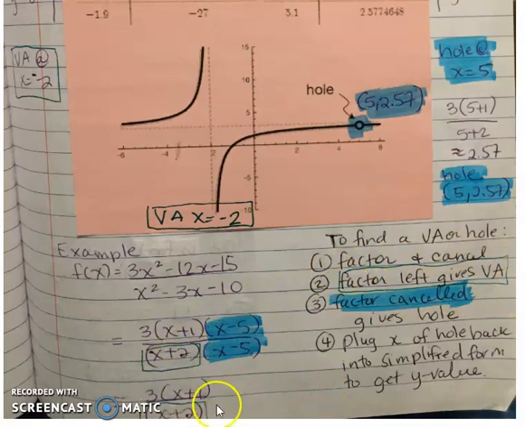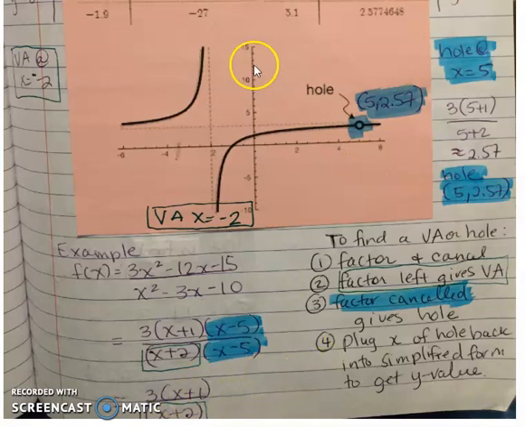Number 3 says the factor that you canceled gives you your hole. I highlighted the 2 factors that got canceled. Then plug x of the hole back into the simplified form to get the y value. You plug in whatever made that factor 0, which is 5 in this case, back into the simplified form.